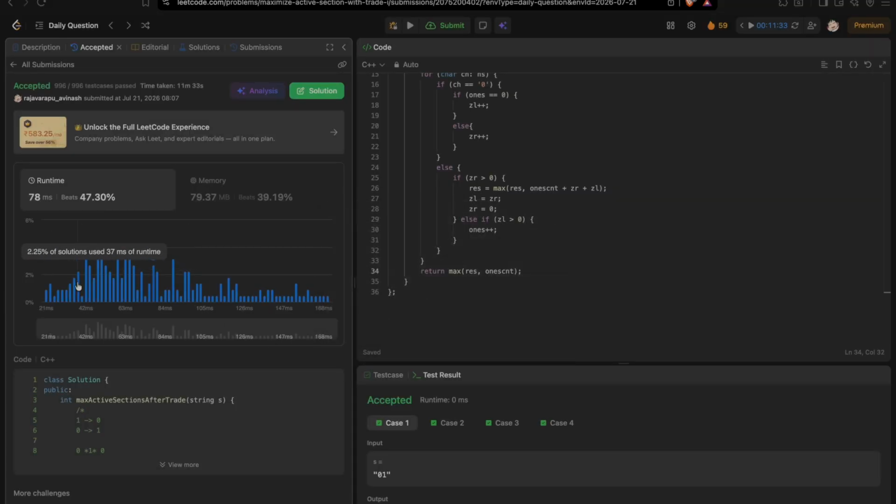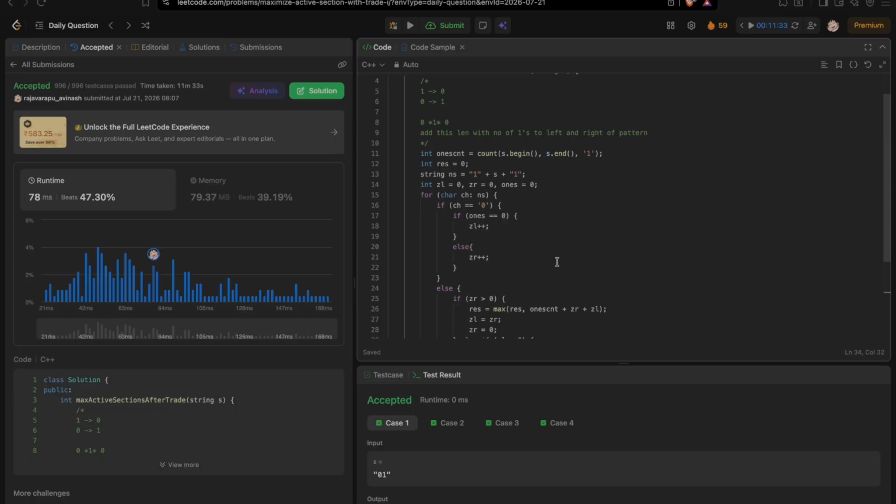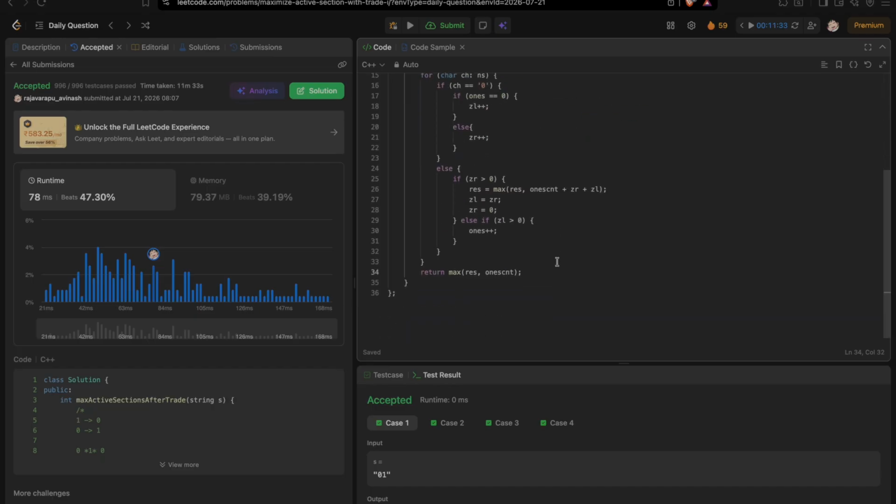Let me check here. The approach uses a sliding window to check left and right zeros and increment count. We did the same, but here we handle it using multiple pointers instead of a sliding window.